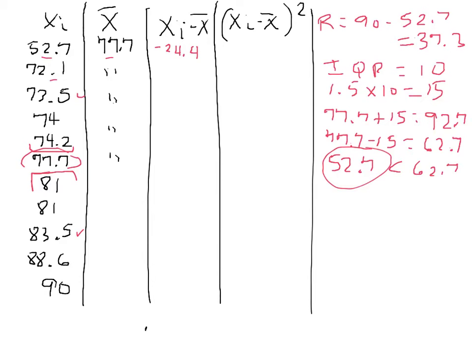Remember, you find the mean by totaling up these data values and dividing by 11, because there are 11 of them. So we have 77.7 that we're subtracting from each data value. You're going to get a negative 5. Then 73.5 minus 77.7, you get a negative 3.6, and a negative 3.1.